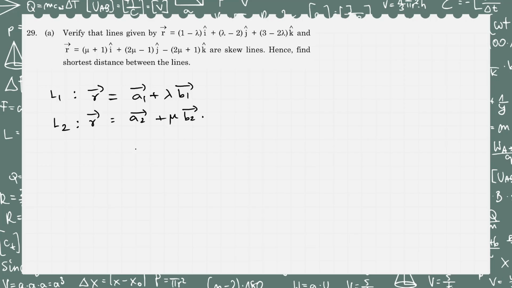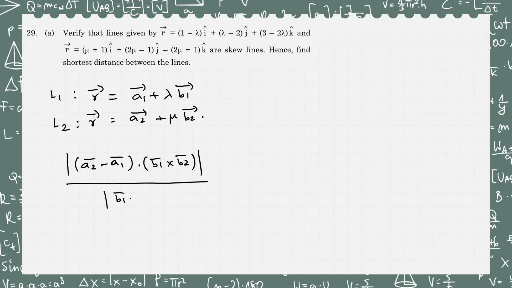So in this case, the formula for finding the shortest distance between these two lines will be modulus of a2 bar minus a1 bar dot b1 bar cross b2 bar divided by length of b1 bar cross b2 bar. So this is the shortest distance between the lines.